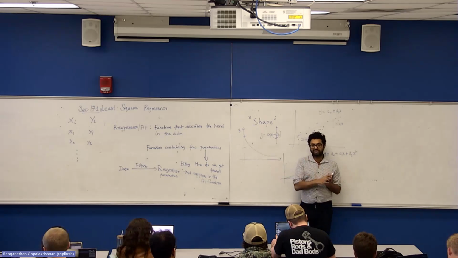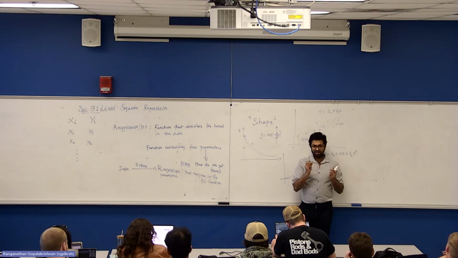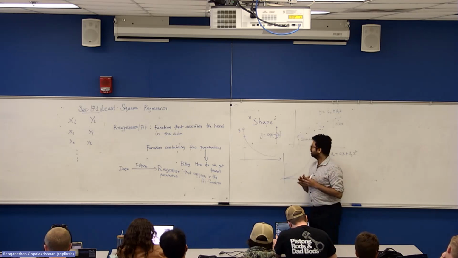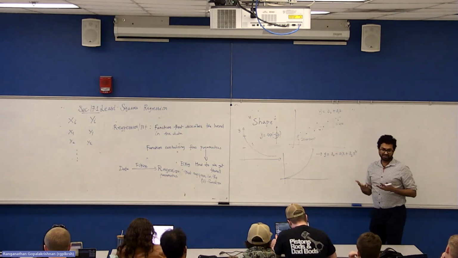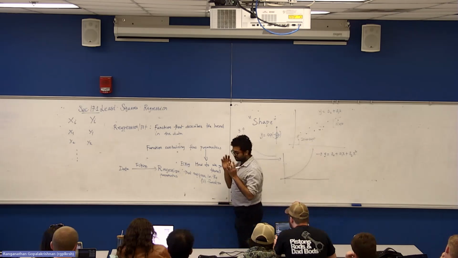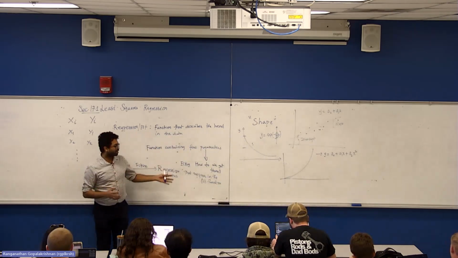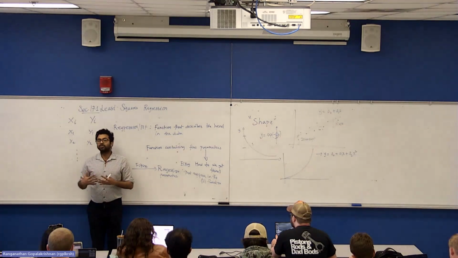So every function or every type of data has some patterns, and the skill we really need to exercise is to understand what type of mathematical function describes a given data set. And to say that this data set is best described by a linear or a quadratic or an exponential or a sinusoid or whatever function, you can't do that a priori.